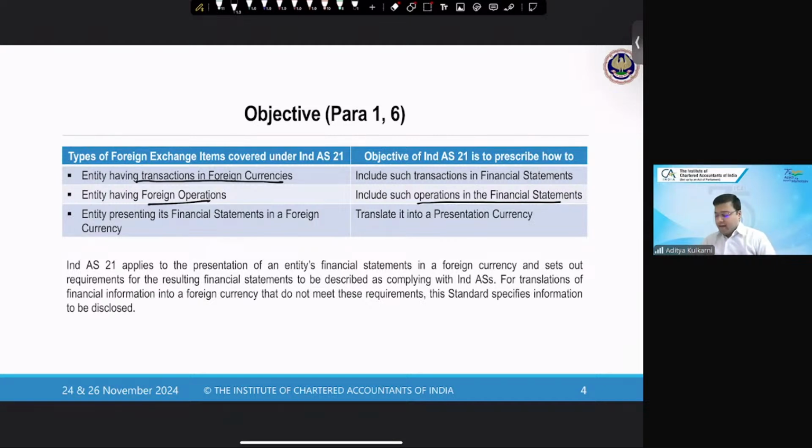So that is why we have an entity having foreign operations. How do I include such operations in the financial statements? And finally, an entity presenting its financial statements in a foreign currency. So how to translate it into a presentation currency? Foreign currency to presentation currency translation rules are given.